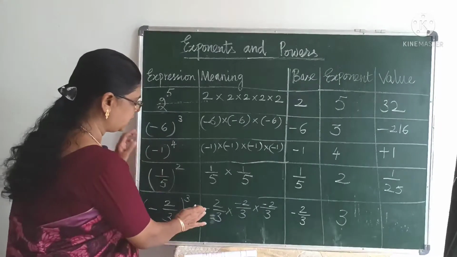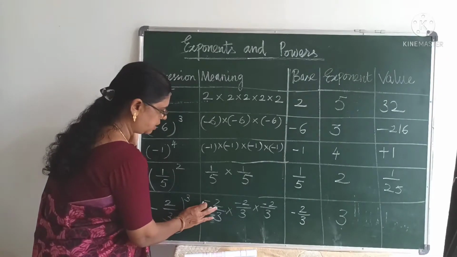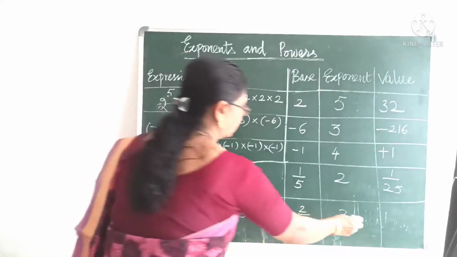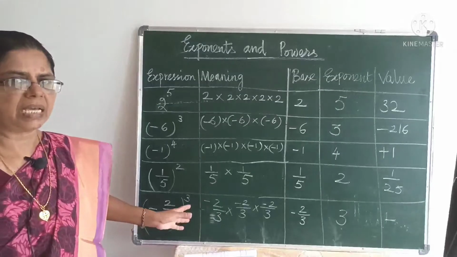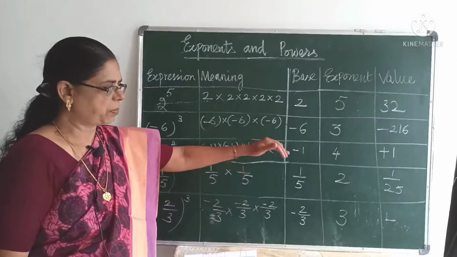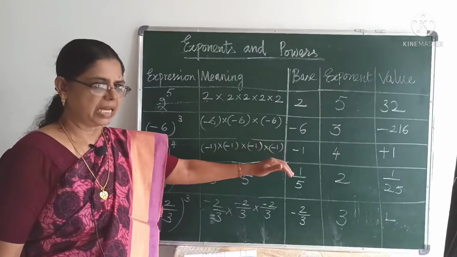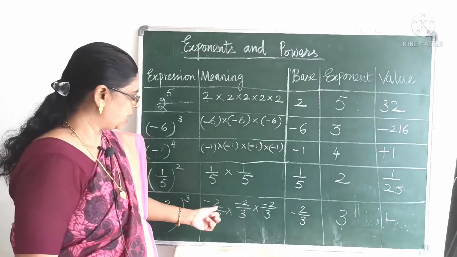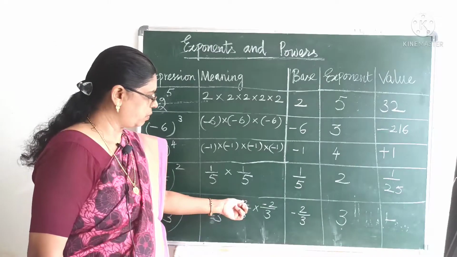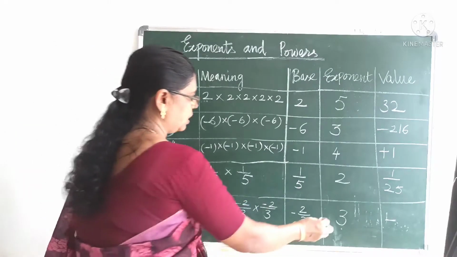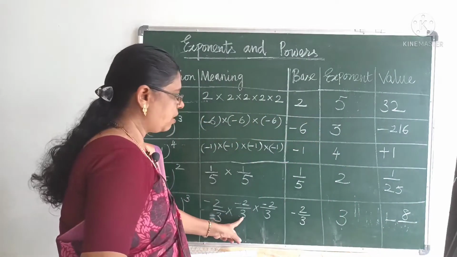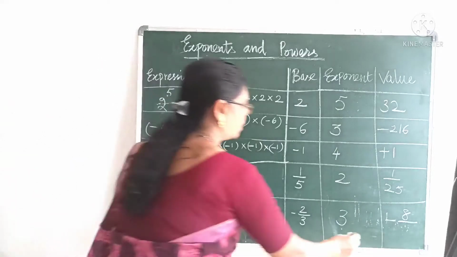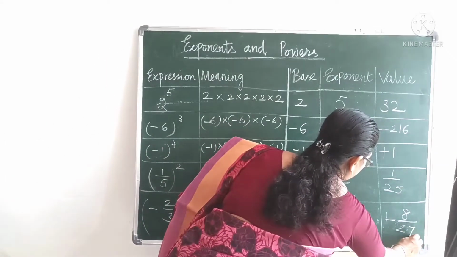When minus sign is taken 3 times, the product will be minus. When minus sign is taken odd number of times, the product is going to be negative. And then multiply the numbers. 2 2s are 4, 4 2s are 8. 3 3s are 9, 9 3s are 27.